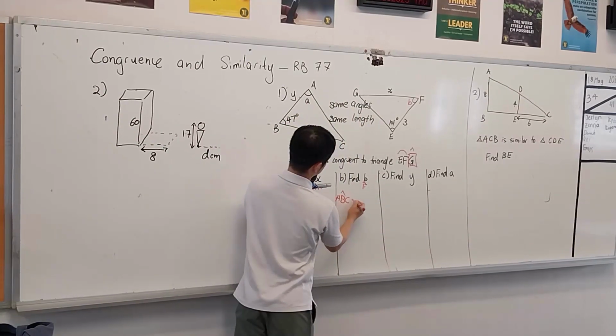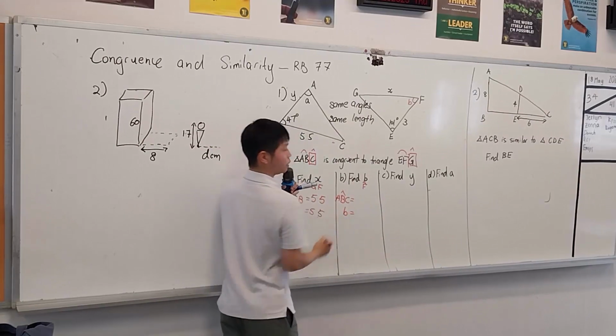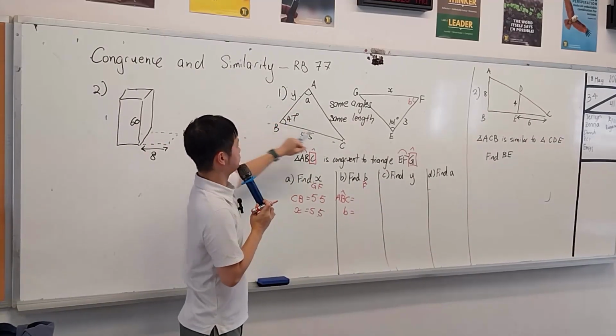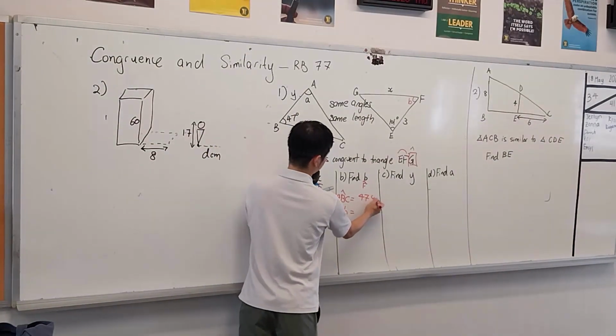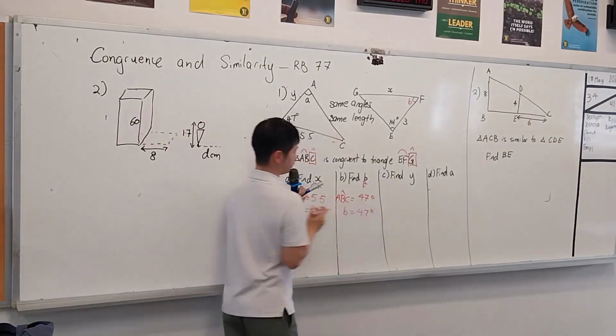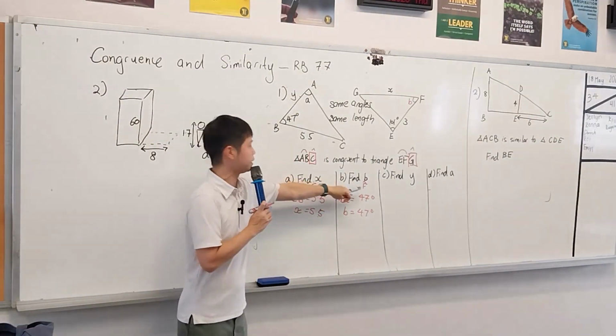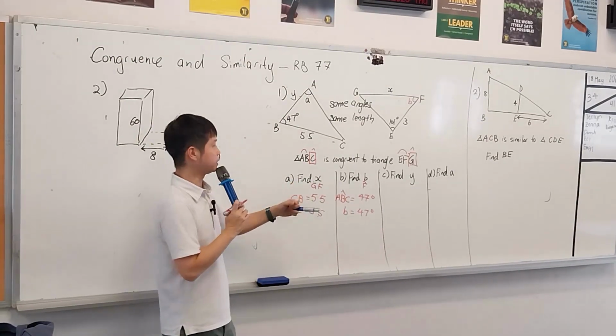If you're a bit fussy, you just find angle ABC. Now what is angle ABC? 47. So angle ABC is 47. In conclusion, B also is the same thing, 47. Once again, you don't have to write every single step like this. You can just write the final answer, 47, if your eyes can see.